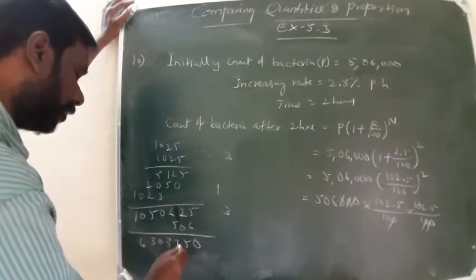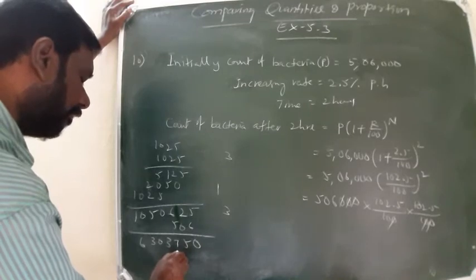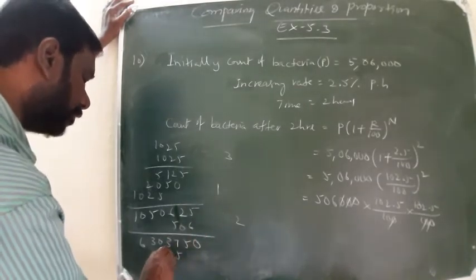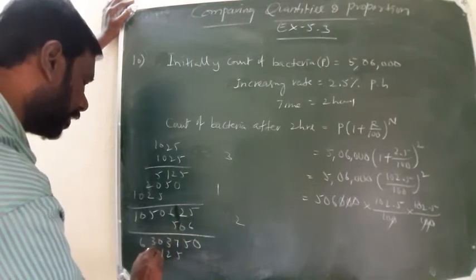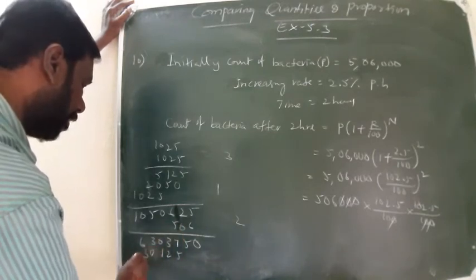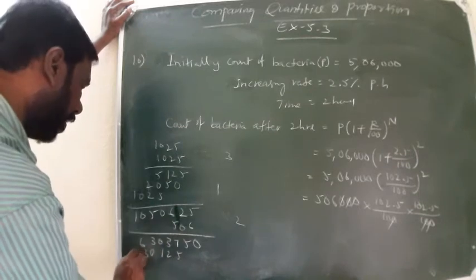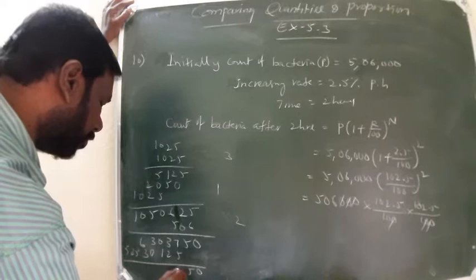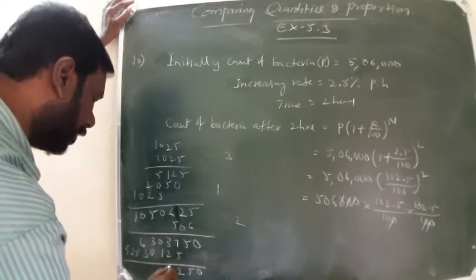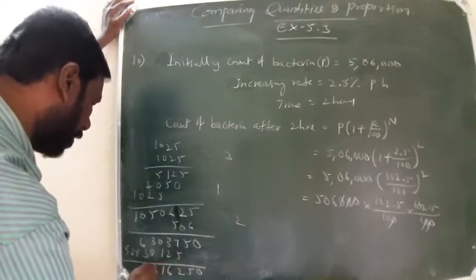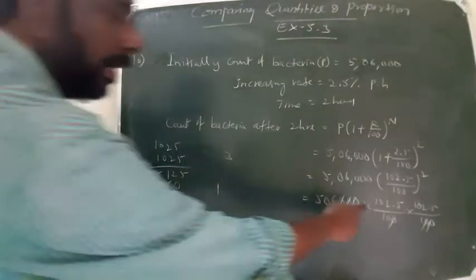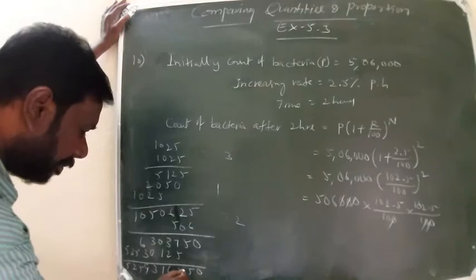Next, 5 5s 25, 5 2s 10, 12. 5 6 30. 5 5 is 25, 5 0 5, 12, 1 6 1 3 9 2 5 5. Here 2 decimal places are there, no? We keep 2 decimals.